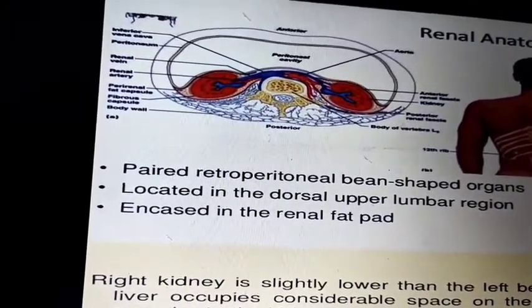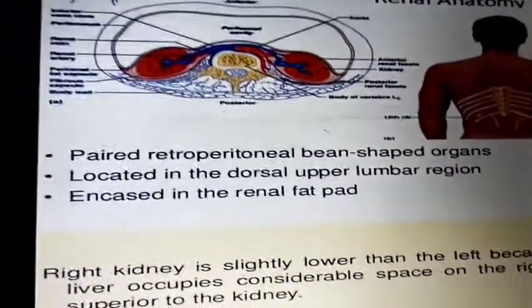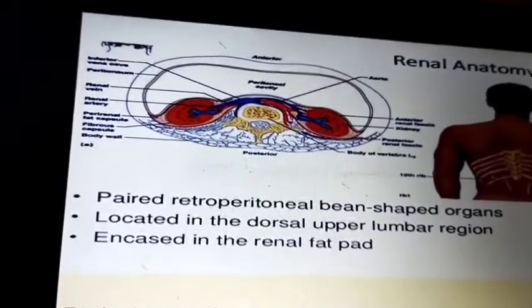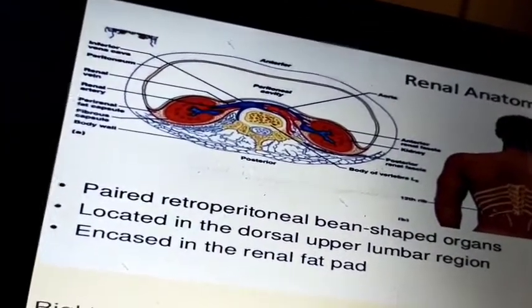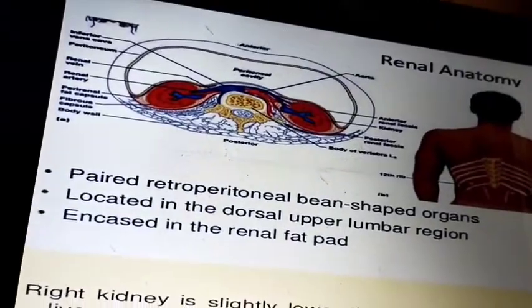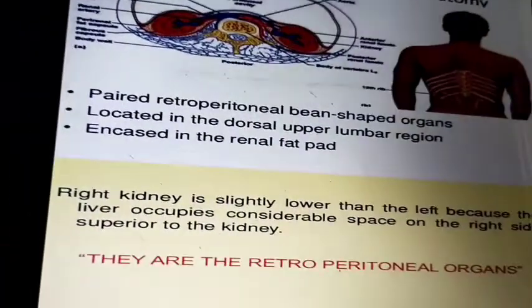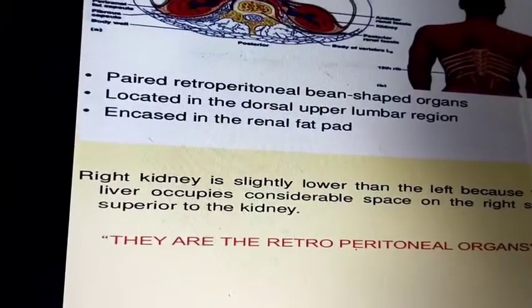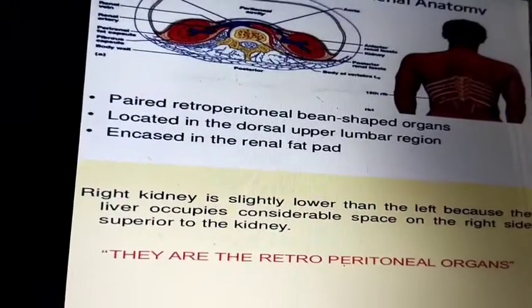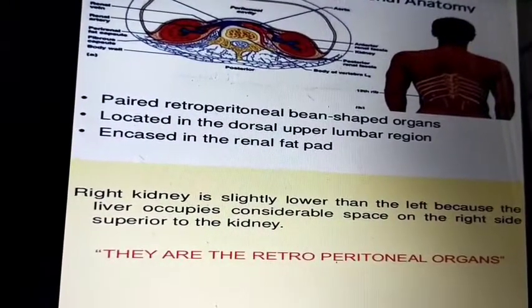There is so much fat surrounding the kidney. The main functions of that fat are protection and holding the kidney in its normal position. The right kidney is slightly lower than the left, because the liver occupies considerable space on the right side superior to the kidney.